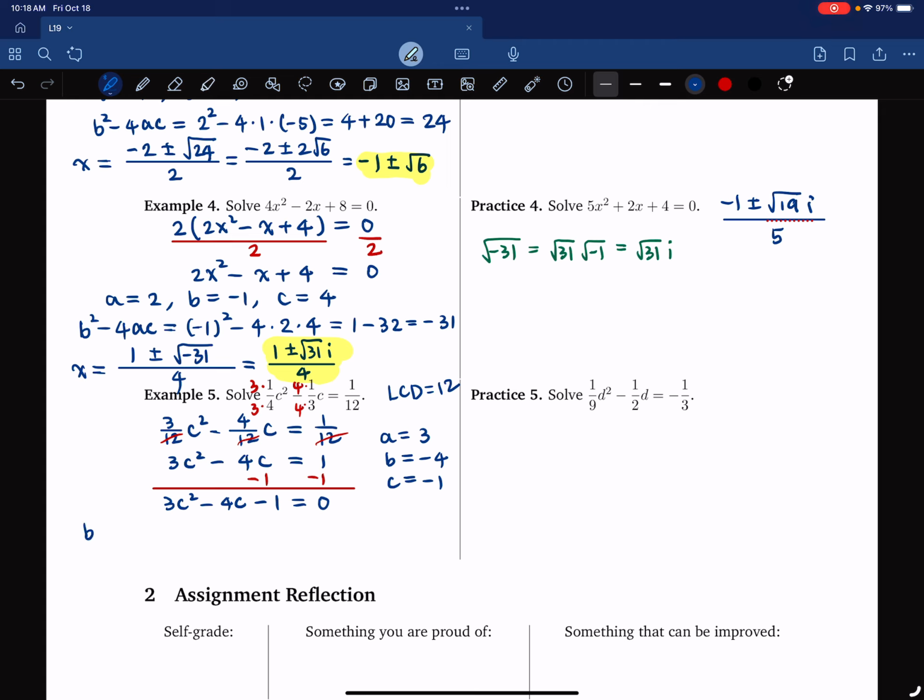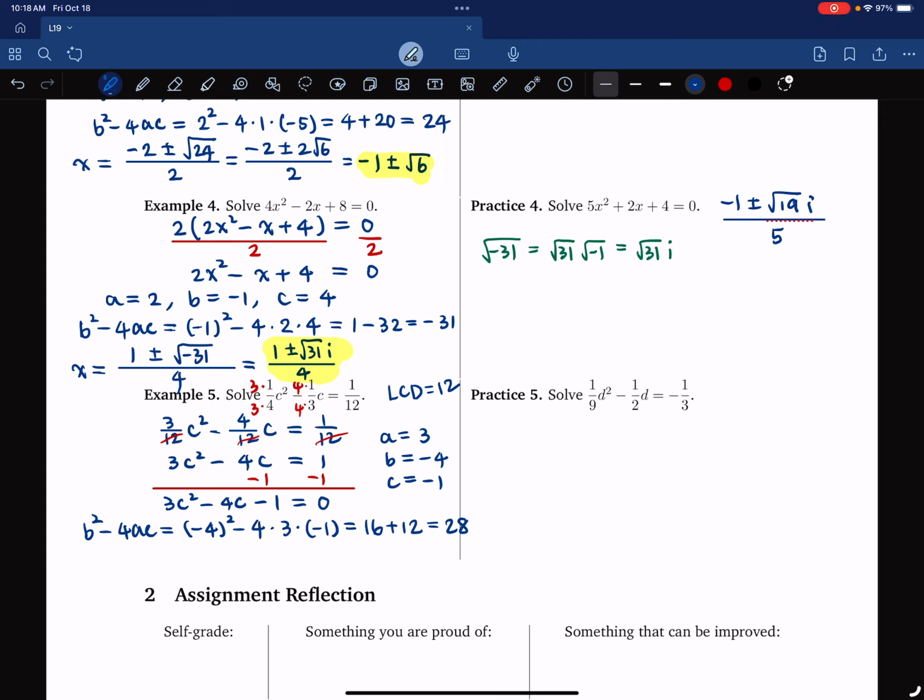Calculate the discriminant, B squared minus 4AC. That would be negative 4 squared minus 4 times 3 times negative 1. And that will be 16 plus 12, which is 28. So this discriminant is positive, but not a perfect square.